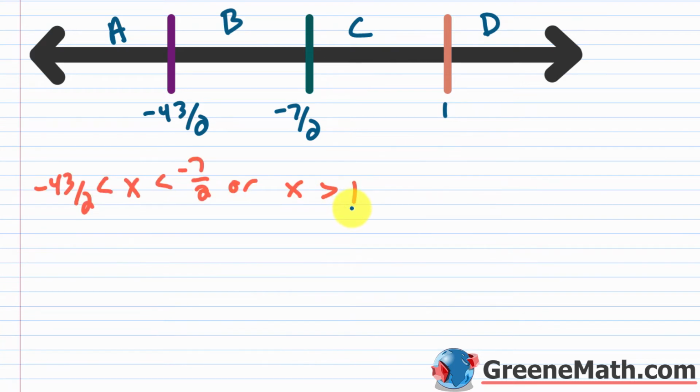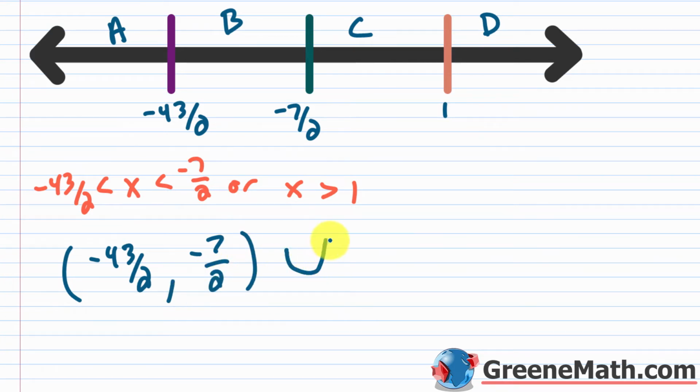Okay, looking at this, let's put this in interval notation. So I'm going to put a parenthesis, so -43 over 2, this is not included. And then this goes up to and does not include -7/2, so another parenthesis. And the union with anything greater than 1, so a parenthesis, and then out to positive infinity.